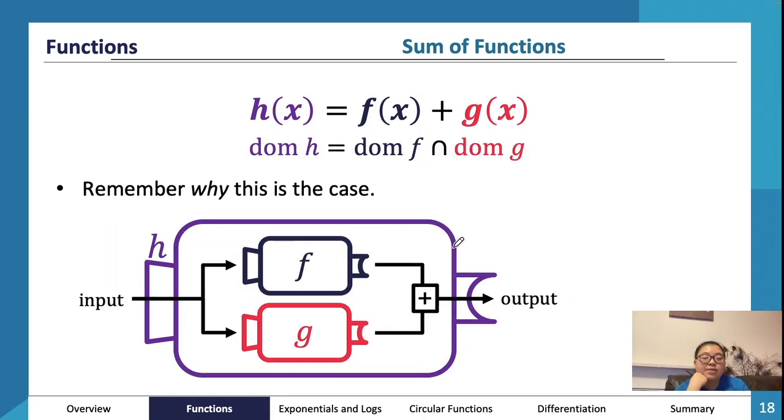Alright, so let's have a further look into our sums of functions. Essentially, why it has to work for both functions is because we're going to input into both functions. So if we had, let's say, 1 over x minus 2 and root of 4 minus x, when 2 gets subbed in, the first one is going to be undefined, but the bottom one is just going to be root 2.